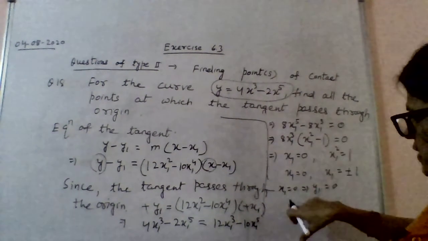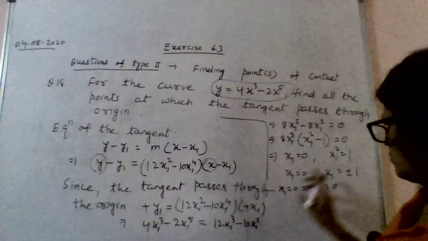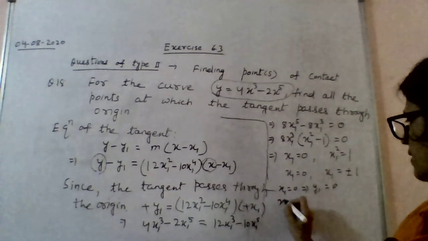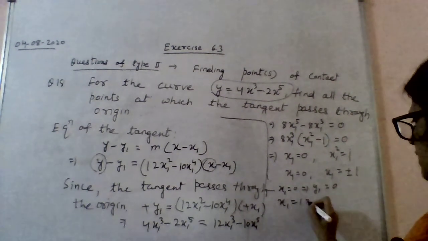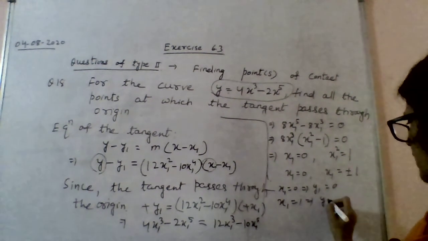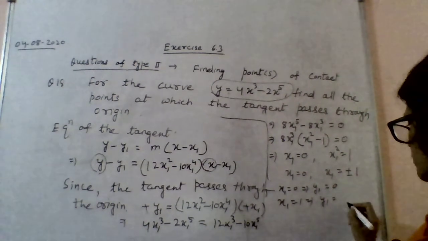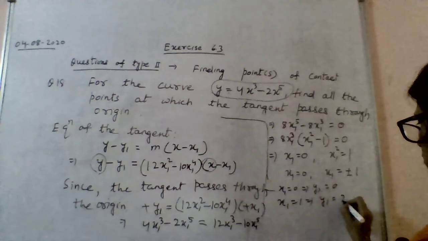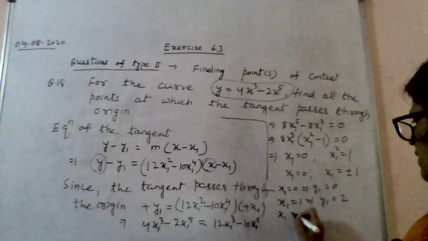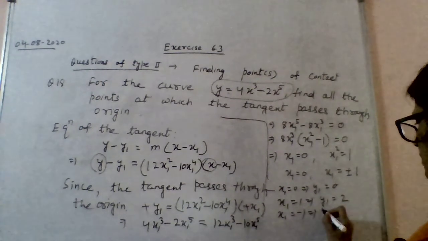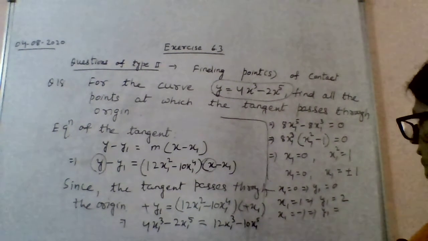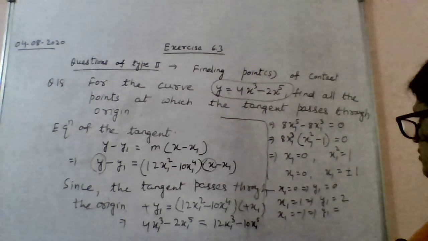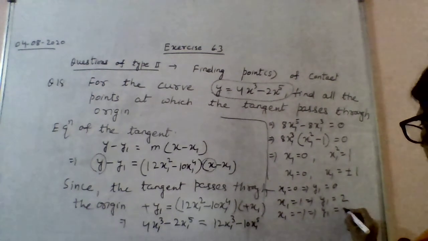When x1 is 0, y1 is 0. When x1 equals 1, y1 equals 4 minus 2, that is 2. And x1 equals minus 1 implies y1 equals minus 4 plus 2, that is minus 2.